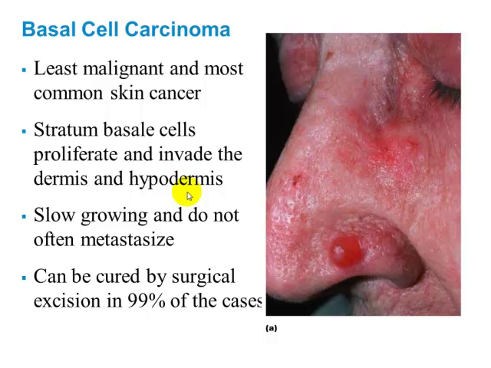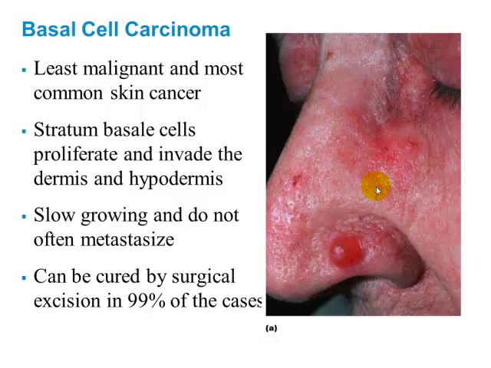Instead, they start dividing far too rapidly, and they invade downward into the dermis. And what you get is usually this kind of even swelling, because you have the tumor that's growing and pushing the epidermis up, and we have it growing within the dermis. For the most part, these grow very slowly and can usually be cured by surgical excision, so they can just be cut out without any real major follow-up.